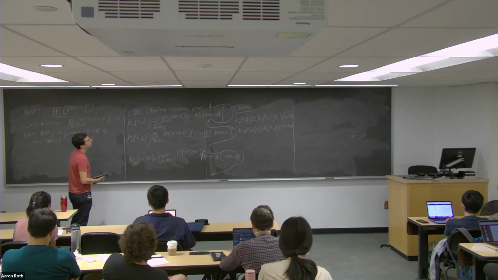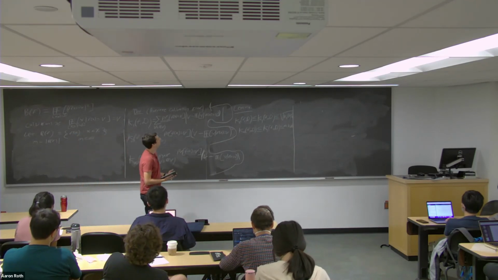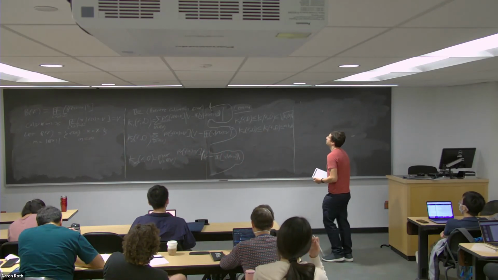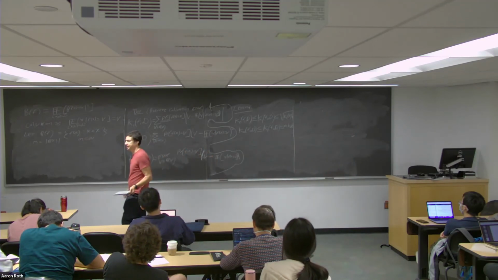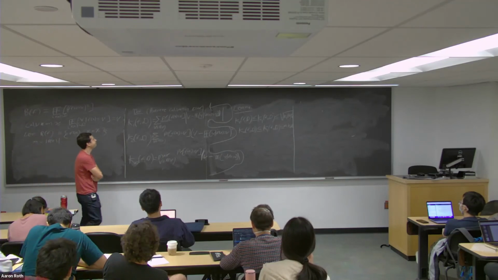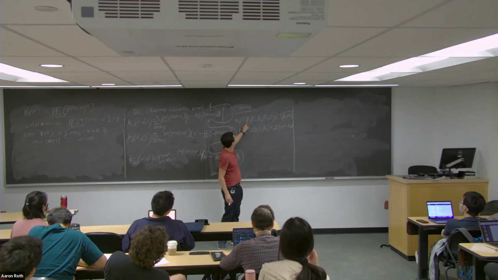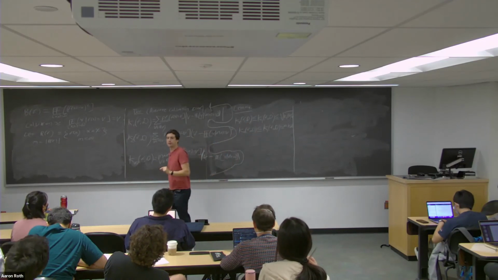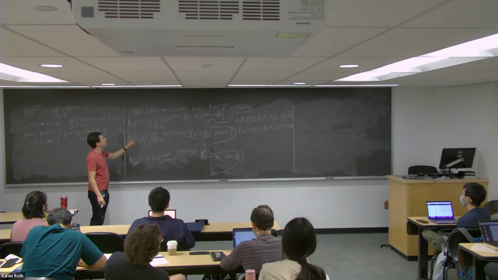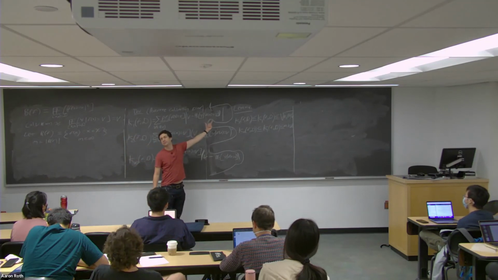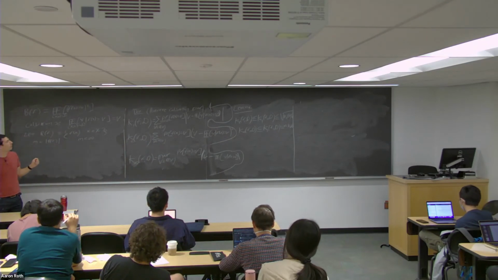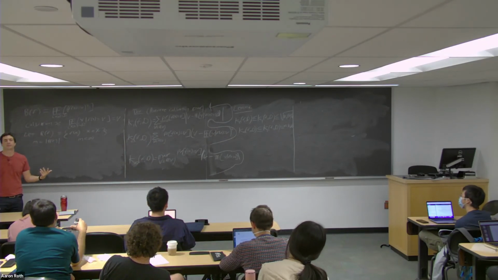I'll tell you why this is, although the proof is simple and in the notes. Most of this you can understand just by looking at it. First, let's compare the L2 calibration error to the L1 calibration error. The L1 calibration error is this weighted sum of absolute values. What's inside the absolute value is the difference between the prediction of the model and the conditional label expectation conditioned on the prediction.